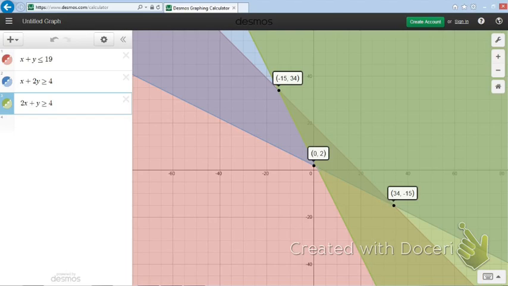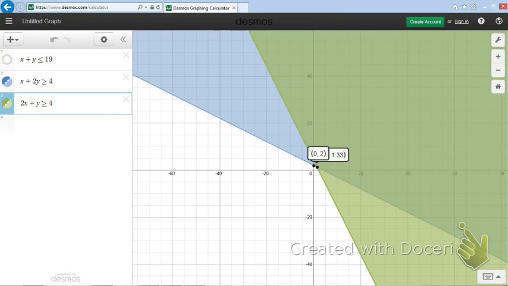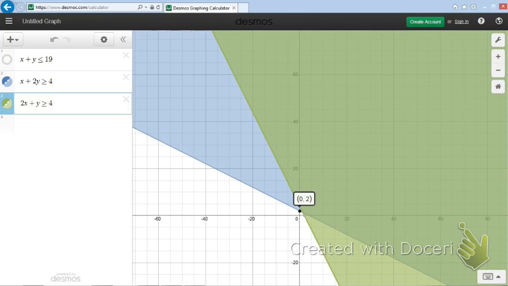If I have a system of inequalities where I'm bounded on one side, but I have at least one side that's open and goes on to infinity, that's going to be unbounded. So this one is bounded below.